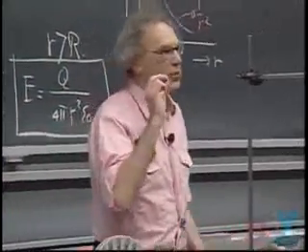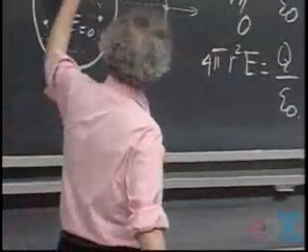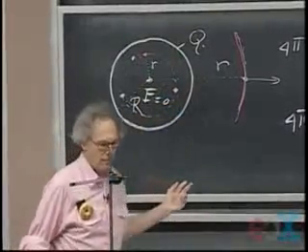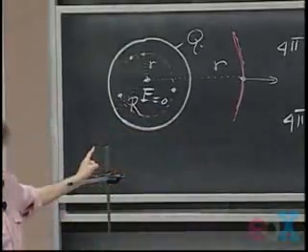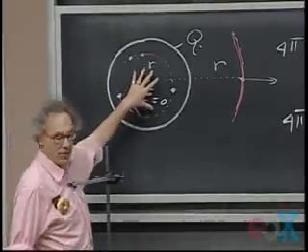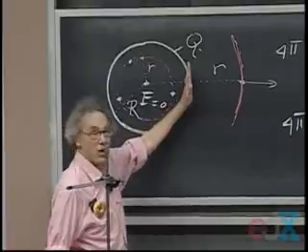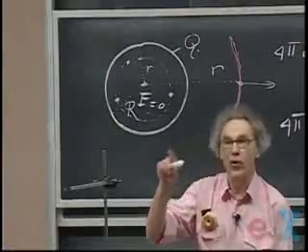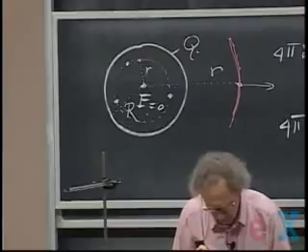The symmetry arguments take into account that the charge is uniformly distributed. If the charge on the sphere had not been uniformly distributed, I could not have used the symmetry argument, and therefore the electric field inside would in fact not have been 0. If there is more charge on the sphere here than there, the field inside the sphere is not 0. So I have used all that charge by using my symmetry argument.